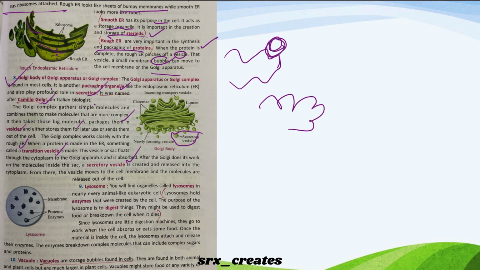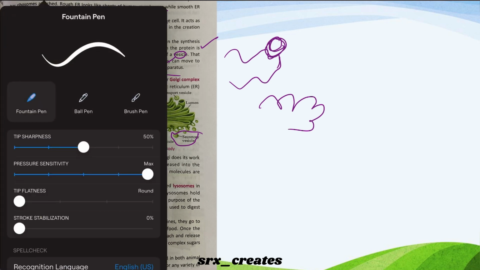After the Golgi does its work on the molecule, a secretory vesicle is formed and released into the cytoplasm, and the vesicle moves to the cell membrane and the molecules are released out. Okay, bubble like structure.